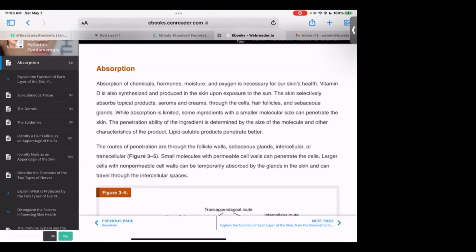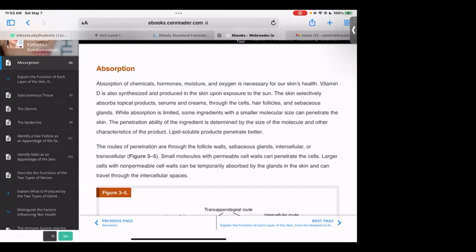We do need sun exposure because our body needs vitamin D. The absorption process in our skin then synthesizes it and allows it to create the necessary vitamins and minerals that we need in order to maintain that proper balance.